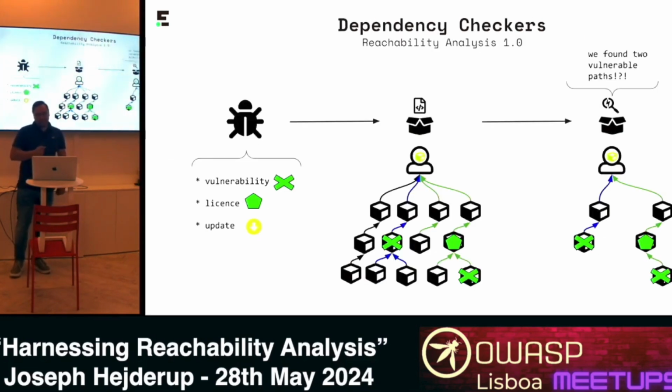So how do the dependency checkers work, which I will call reachability analysis 1.0? Typically, the starting scenario, I added license and update, but normally it would be a vulnerability.